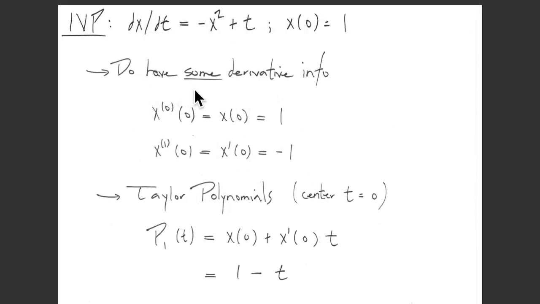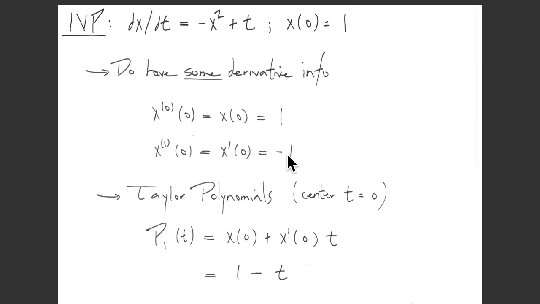Well, we do have some derivative information. And let me just stick to the most basic information. The derivative information we can pull straight from the initial value problem itself, which of course is that the 0th derivative is 1 when t equals 0. And we saw previously that when t equals 0, the first derivative is negative 1.